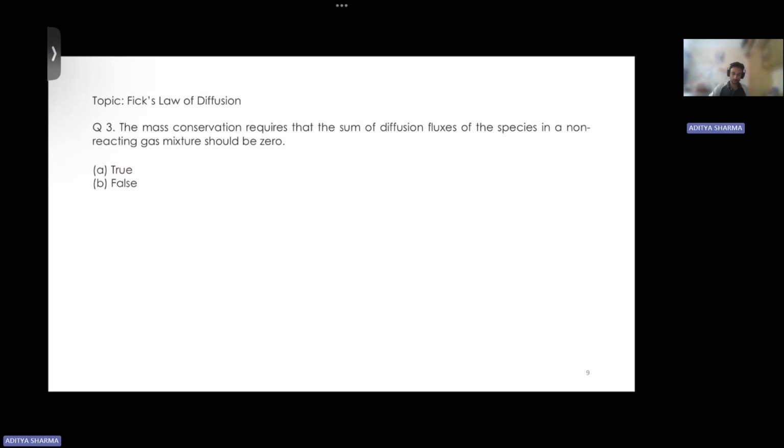So this is the mass conservation, then the sum of diffusional fluxes of the species involved in the non-reacting gas mixture should be zero. Because it's a non-reacting gas mixture, we can use fixed law of diffusion in it.